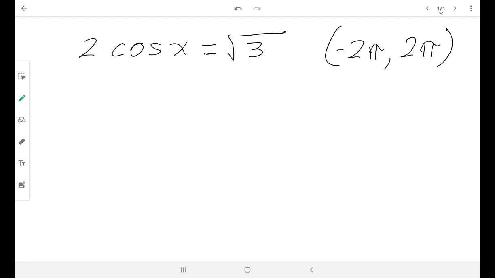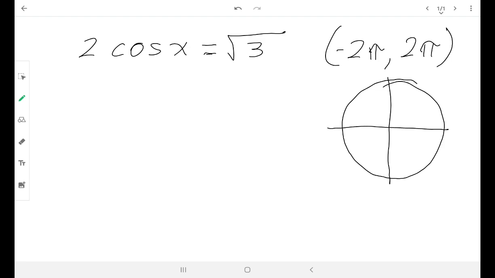Those are in radians. So just to remind ourselves on the unit circle, if you're talking from negative 2 pi to 2 pi, we're talking about negative 2 pi would be from the beginning around that way all the way back.